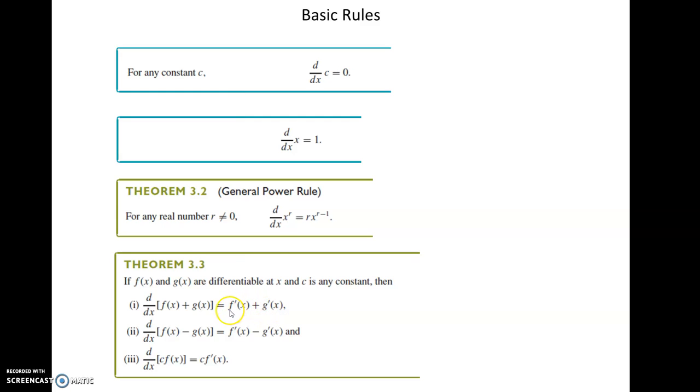You read f' as f prime, which is the derivative of f, and g prime is the derivative of g. Don't read it as dash, it is f prime, g prime. Similarly, for the derivative of the subtraction of two functions, the same subtraction comes here. If it is plus, it is plus. If it is minus, it is minus.